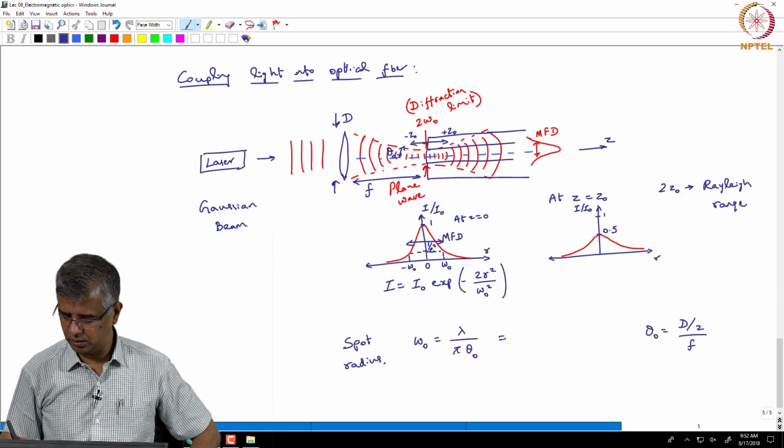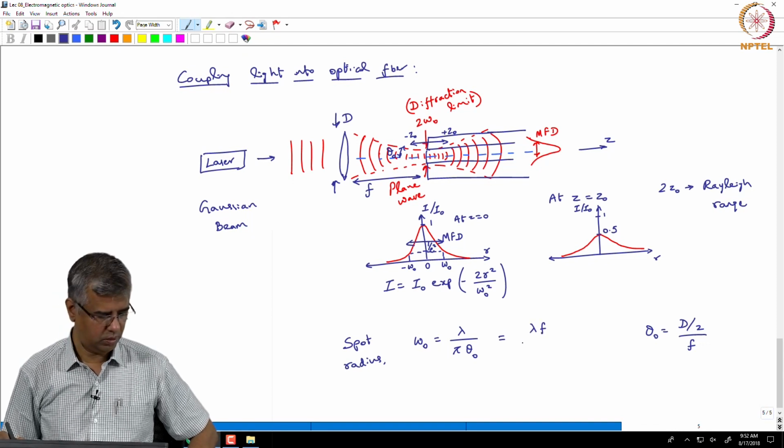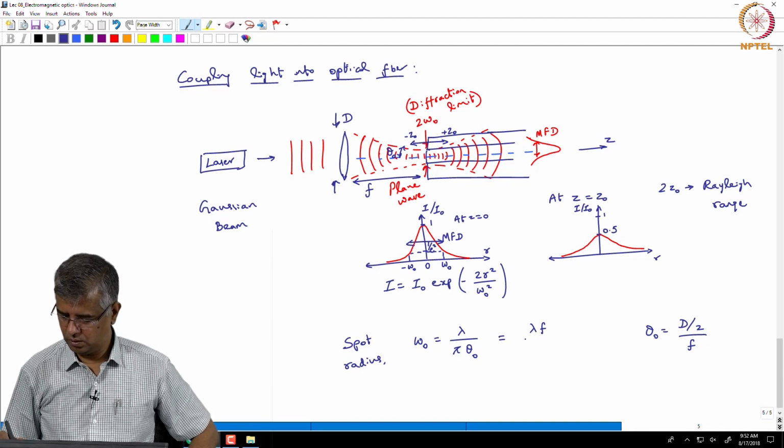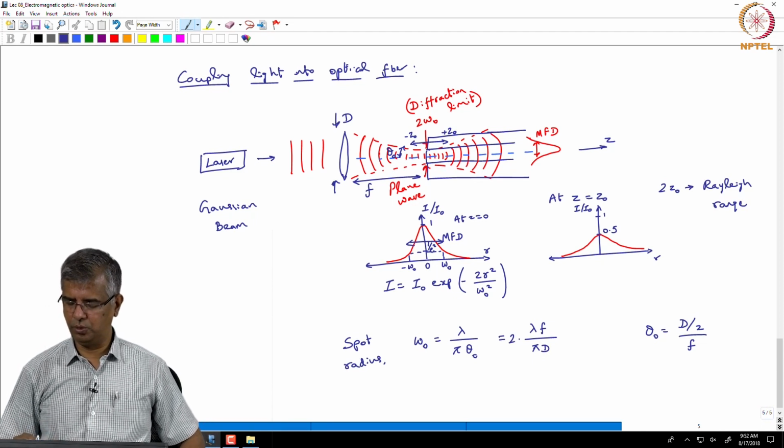W naught is going to be given by lambda times f over pi times d, multiplied by a factor of 2.